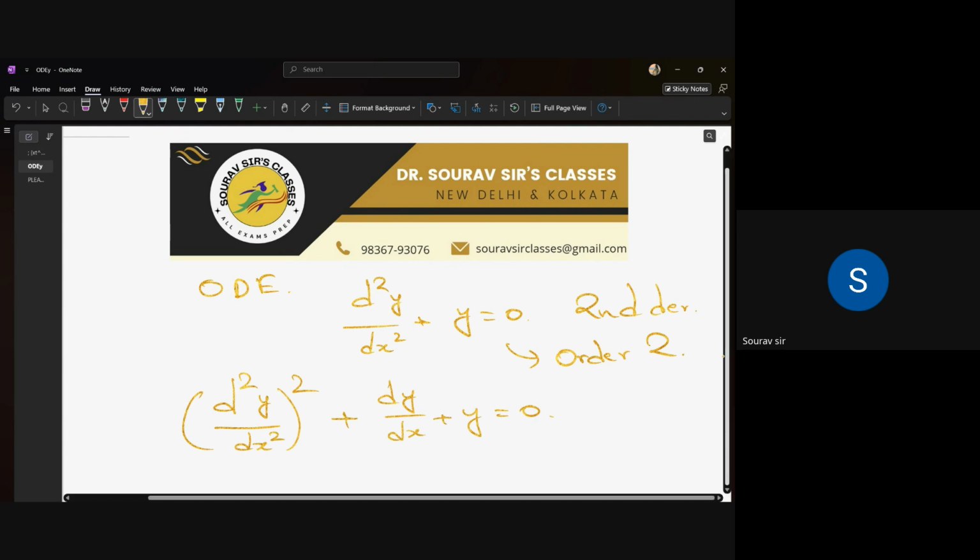The degree of the differential equation is the degree of the highest derivative. Our highest derivative here is d2y by dx2, so the degree of that is 2. So the degree of this differential equation is 2.